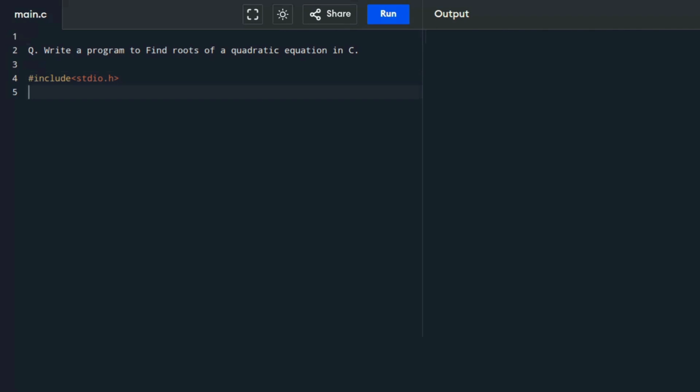So let's include hashtag include math.h.